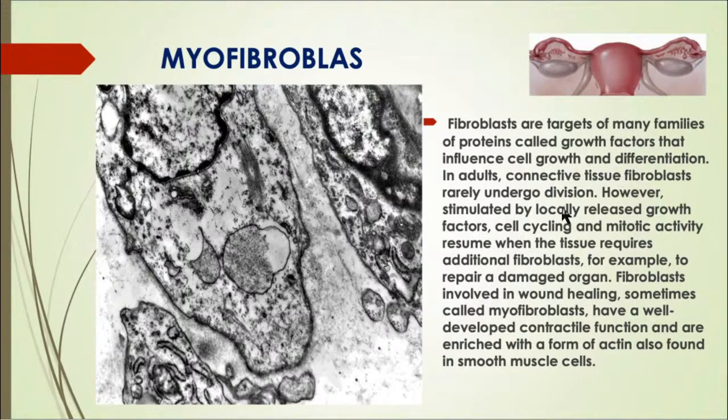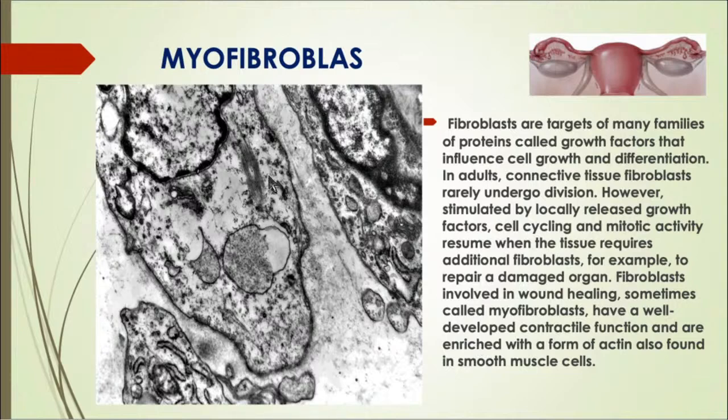In adults, this results from proliferation of fibroblasts, especially junior fibroblasts, which can transform into myofibroblasts. Myofibroblasts play a key role in wound healing near an injury in the skin, and they have well-developed contractile functions.